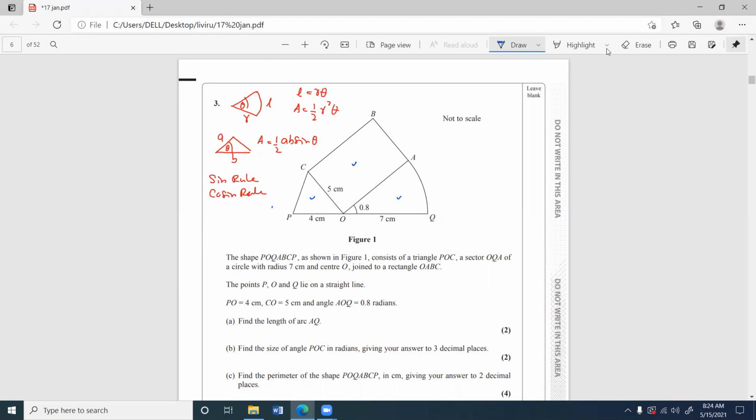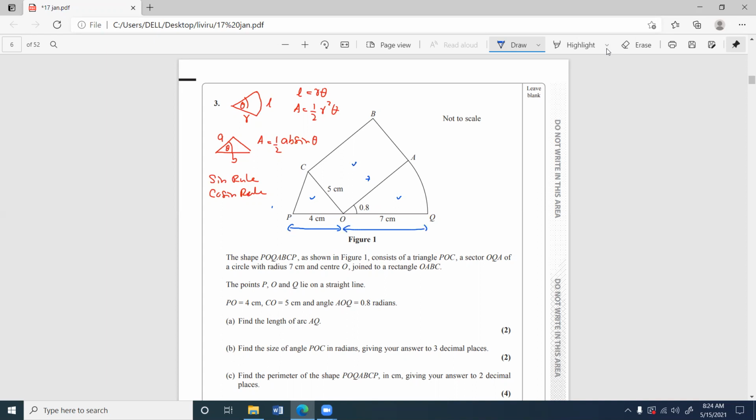So you have to clearly understand that if this is 7, this one also should be 7. The points P and Q lie on a straight line. OP is 4, and OQ is 7. Those are the two facts we should know.